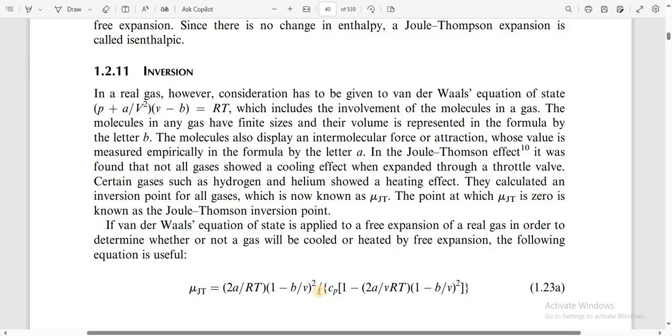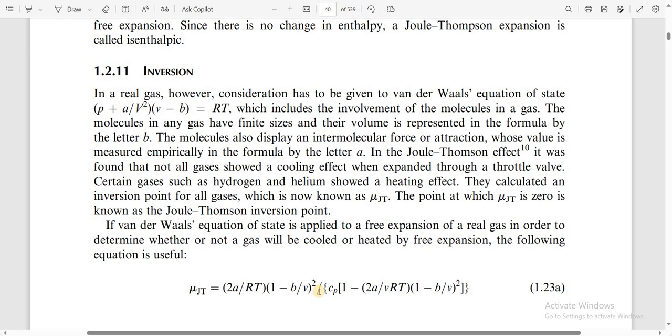In a real gas, however, consideration has to be given to the van der Waals equation of state, (P + a/V²)(V - b) = RT, which includes the involvement of the molecules in a gas. The molecules in a gas have finite size, and their volume is represented in the formula by the letter b. The molecules also display an intermolecular force of attraction whose value is measured empirically in the formula by the letter a.